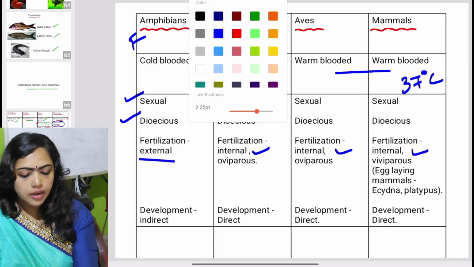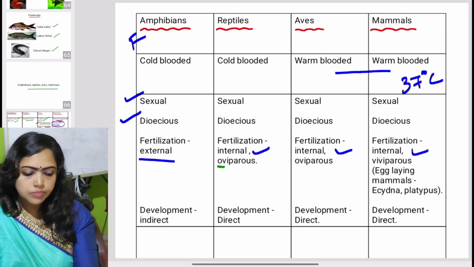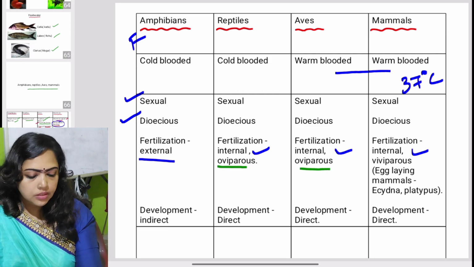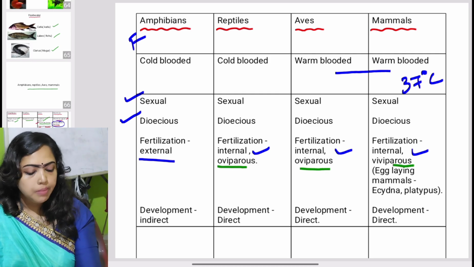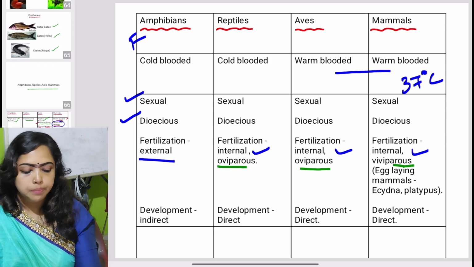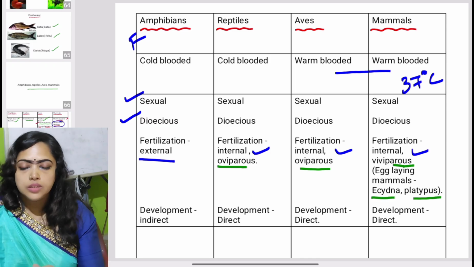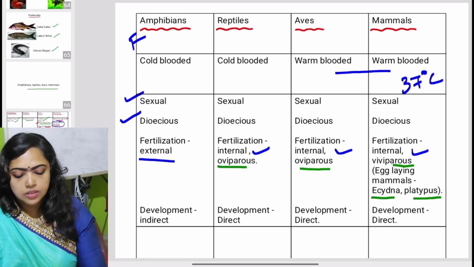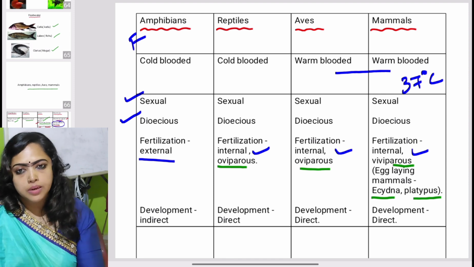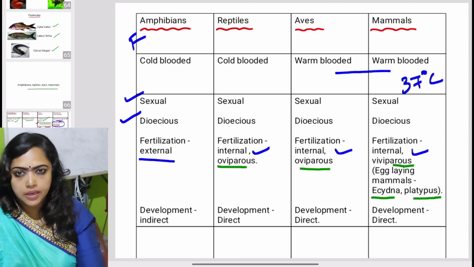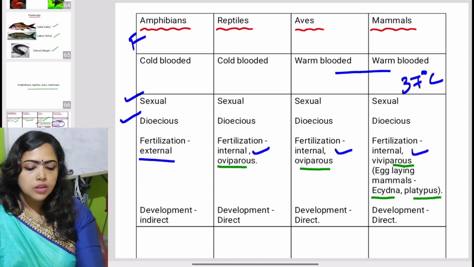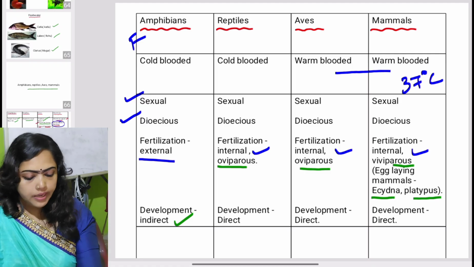That is, they are egg laying and they are called what? Oviparous. While the mammals are viviparous, but exceptions are there. Egg laying mammals, example, echidna and platypus. Then their development, it is indirect in amphibians, example tadpole before becoming adult frog, and then all the other groups, development is what? Direct.